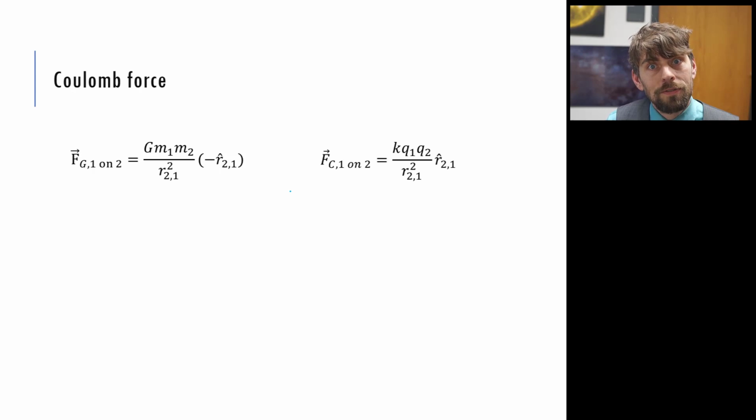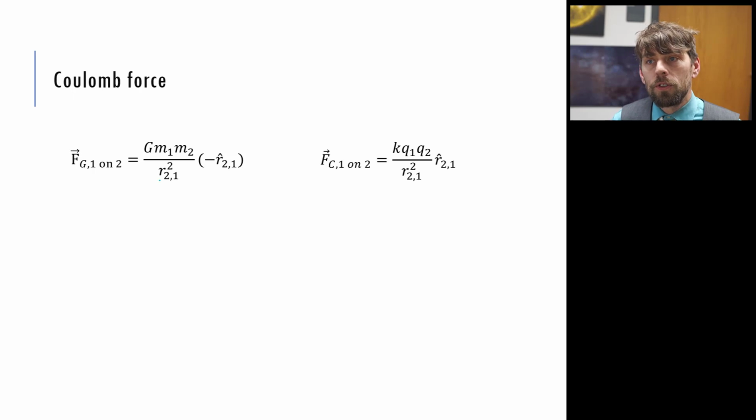Now the objects I've labeled 1 and 2 in both equations, but when we're dealing with gravity, the interesting physical property of the objects is the mass. For Coulomb's law, the interesting physical property of those objects is the charge. So we replace m, which we reserve for mass, with q. And generally, q is reserved in physics to represent the charge of the object.